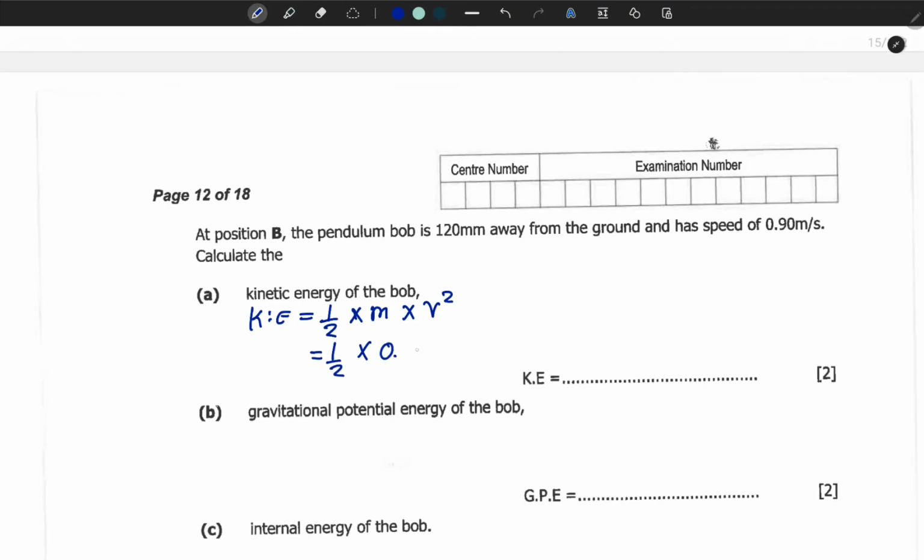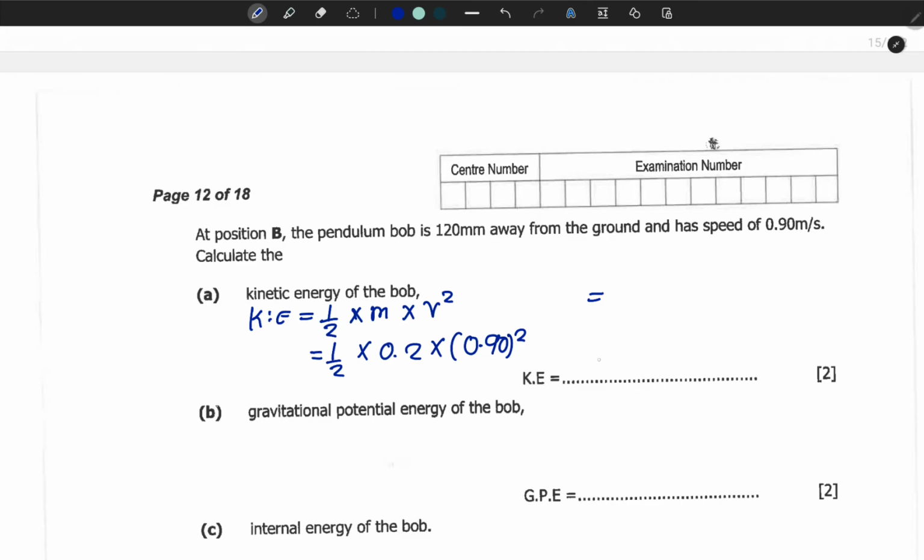So we have 0.2 times 0.90 squared. Here we just have to do some calculations. So 0.90 squared will give us 0.81, times 0.2, then divided by 2.